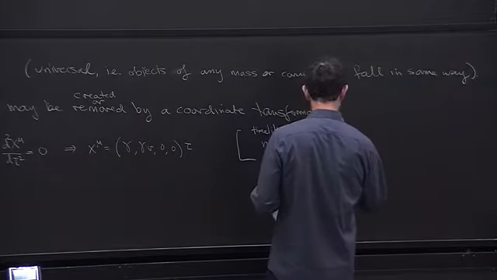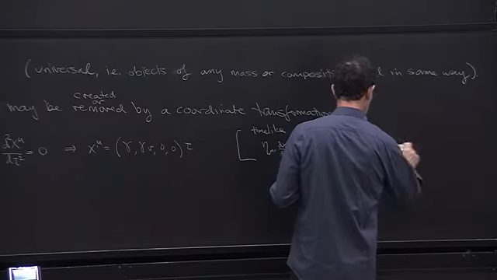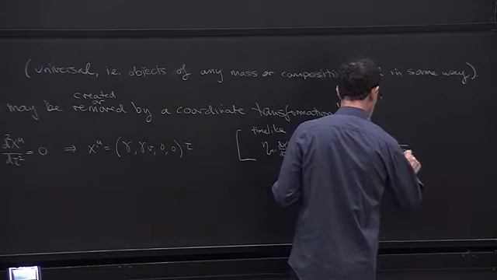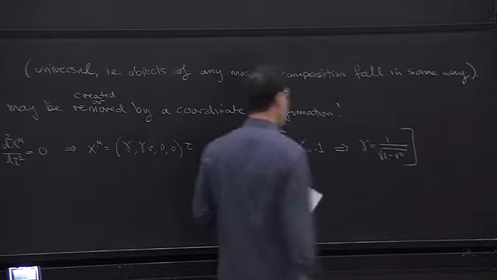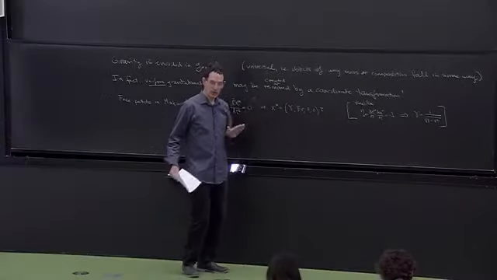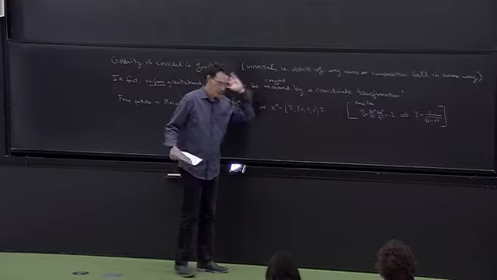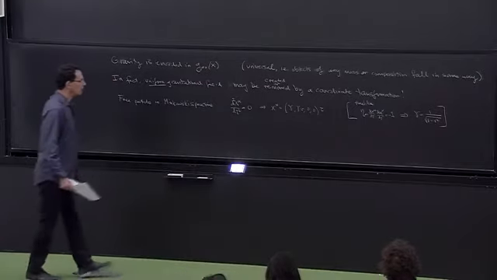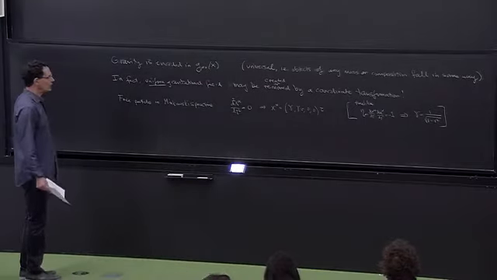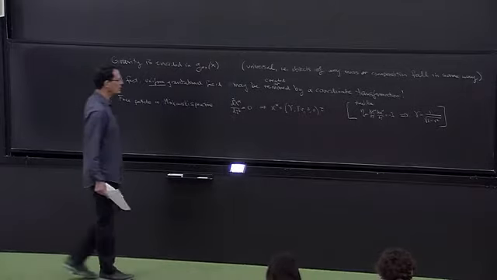And this forces us to the equation gamma equals 1 over the square root of 1 minus v squared. The usual formula. Okay, so this particle moving in a straight line in Minkowski spacetime, with no forces acting, is a solution of that equation of motion.